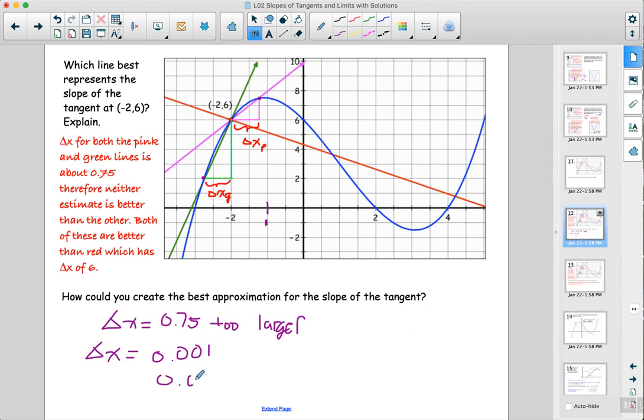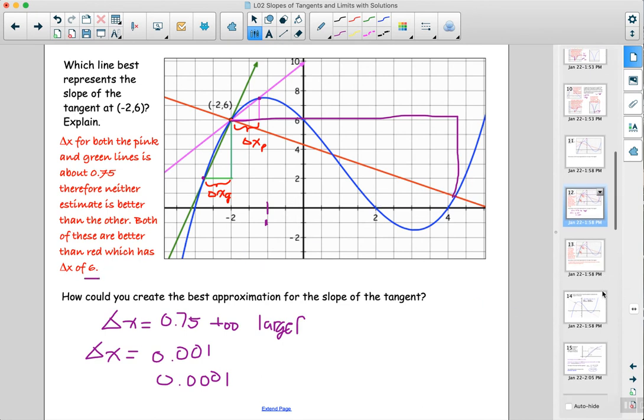In some instances we asked you to do 0.001. So that delta x is too large. But they both give a better approximation than the red, because let's take a look at red. We're going from there down to there. That's a very large delta x. So both of these are way better than the red delta x, which I've written as approximately a delta x of 6.